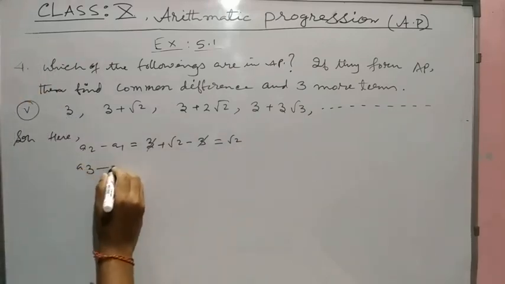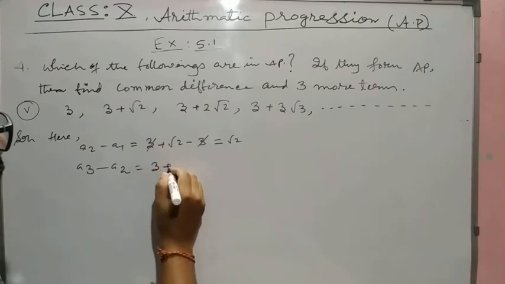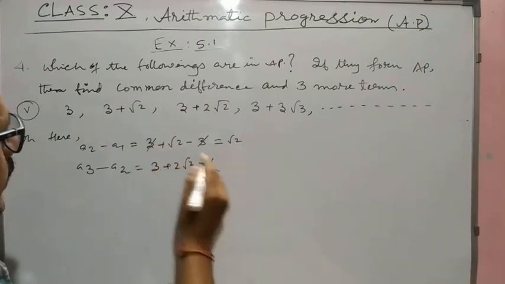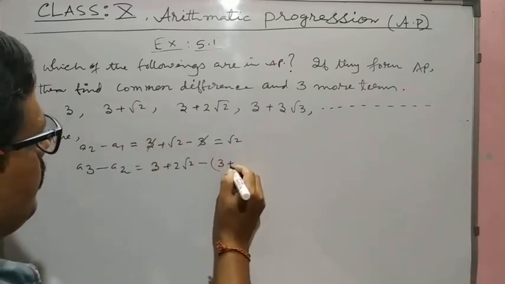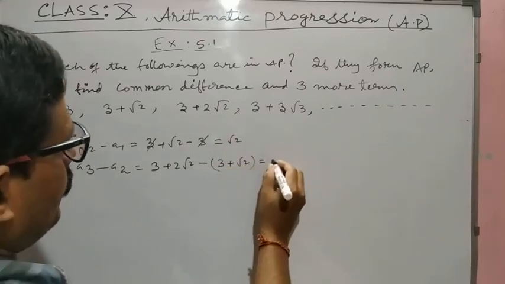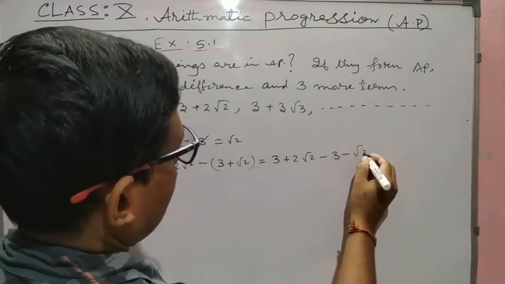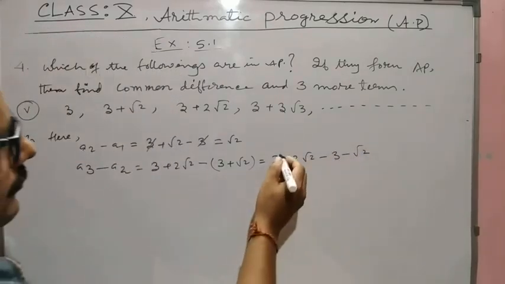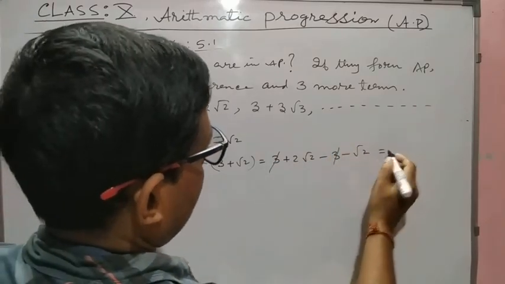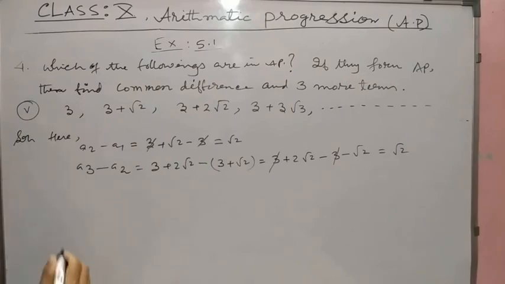Then again A3 minus A2. 3 plus 2 root 2 minus A2 means this one, 3 plus root 2, we have to put a bracket. So it will be 3 plus 2 root 2 minus 3 minus root 2. So 3 cancel. It will be 2 root 2 minus root 2, that will be root 2.